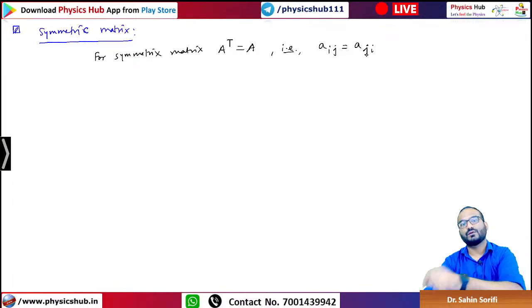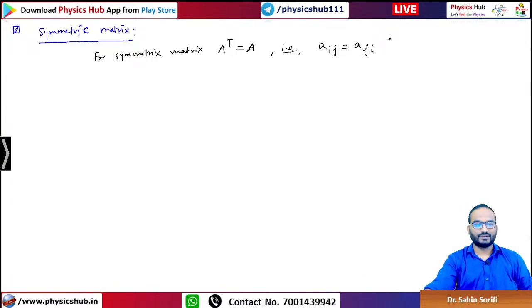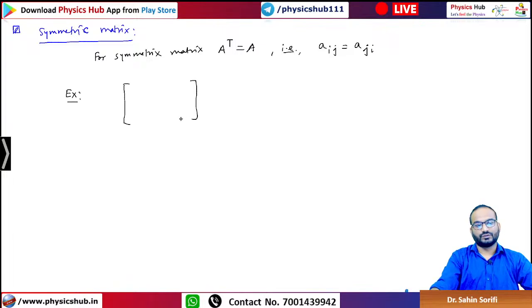A21 and A12 will be same. For an example, look, if this is A11, A22, A33, these elements will be unique.